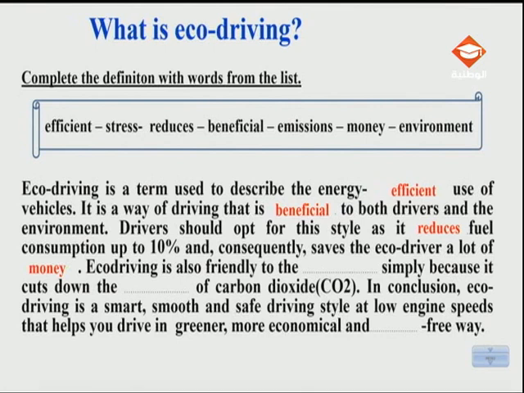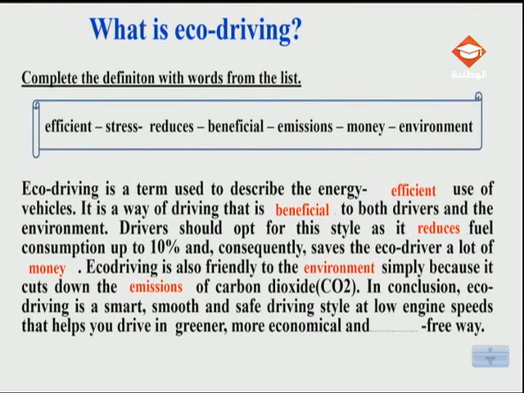I hope I will finish the rest of the paragraph without a mistake. Eco-driving is also friendly to the environment, simply because it cuts down the emissions of carbon dioxide, CO2. Excellent. So far, so good. We just have the last one.